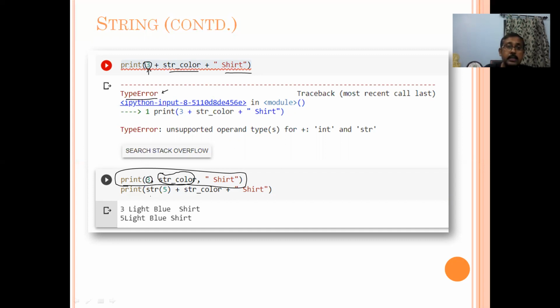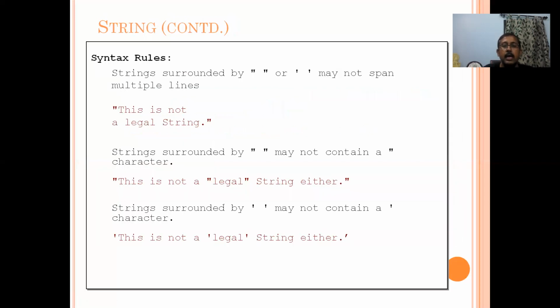The other way is I do a conversion of the integer 5 to a string, using the inbuilt function str. This does a type conversion. So, 5 light blue shirts. This is how I can concatenate the string variables.